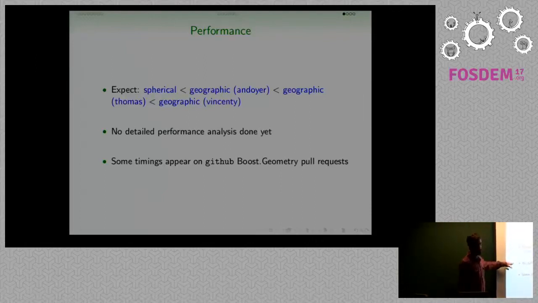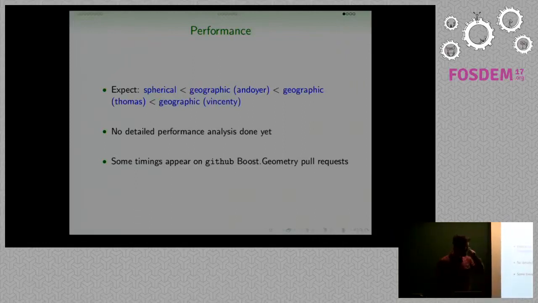But it's also interesting to do a performance analysis of these implementations. And we have some timings in the GitHub pull request. While we did the pull request of these features, we also wrote some tests on our computers. But of course, this is not a detailed performance analysis.